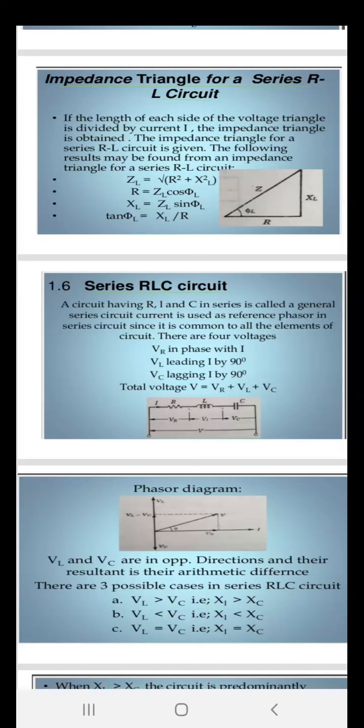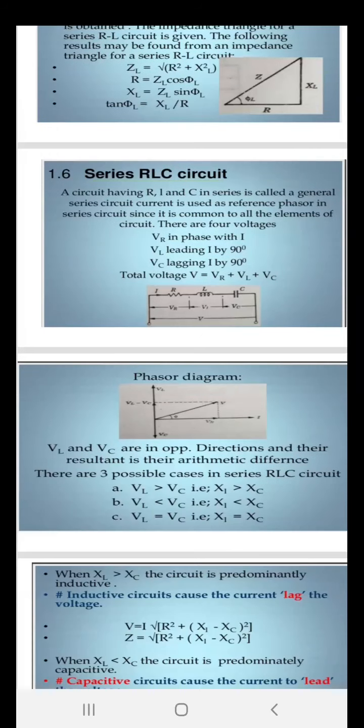Total voltage V is the phasor sum of V_R, V_L and V_C. See the phasor diagram. V_L and V_C are in opposite directions, so the resultant is their arithmetic difference. Three cases are possible: first, V_L is greater than V_C; second, V_L is less than V_C; and third, V_L is equal to V_C.